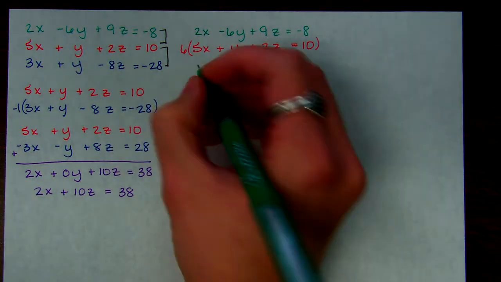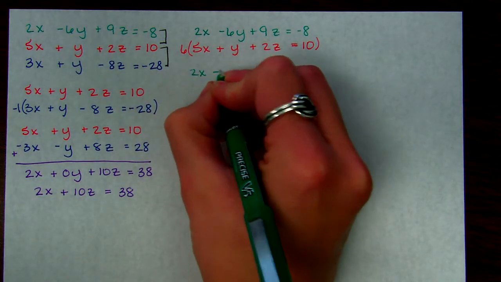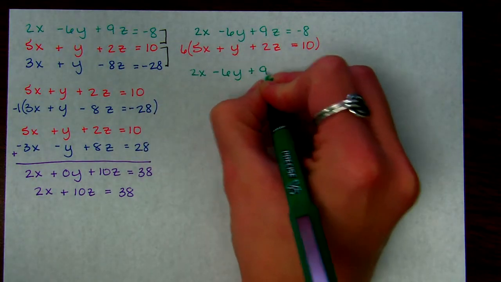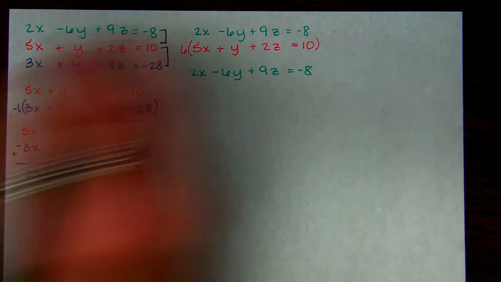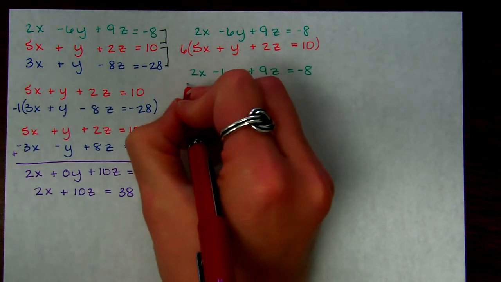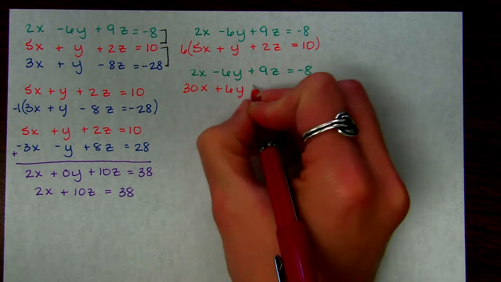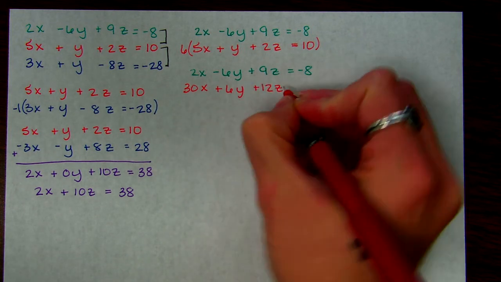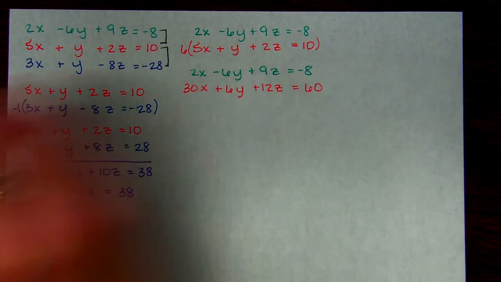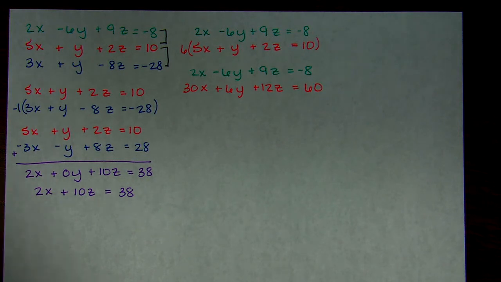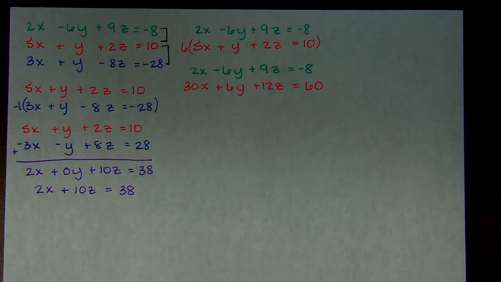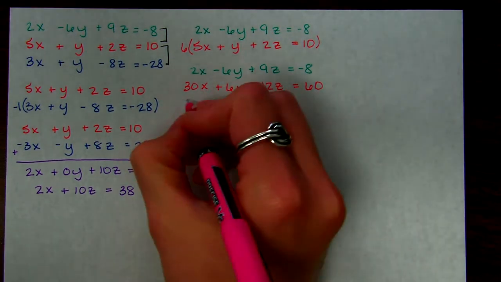And so the top equation stays the same. It's 2x minus 6y plus 9z is equal to negative 8. And the bottom equation becomes 30x plus 6y plus 12z is equal to 60. And I'm going to add those two equations together, and you'll see that the y's cancel out.